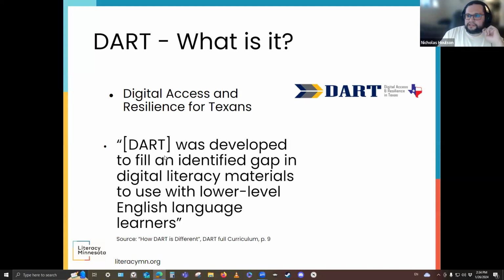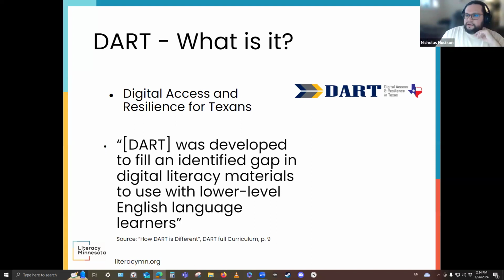And DART wants to target relevant areas of digital literacy, whether those are related to mobile, helping somebody who is new to the country understand something like a mobile text interface so that they can communicate with friends, relatives, support network easier.